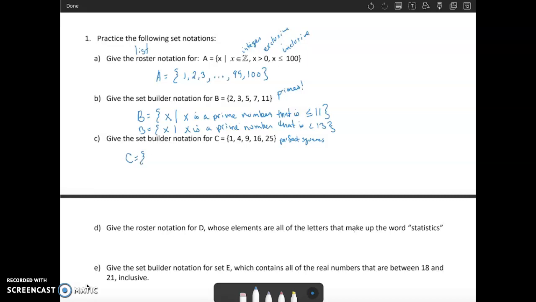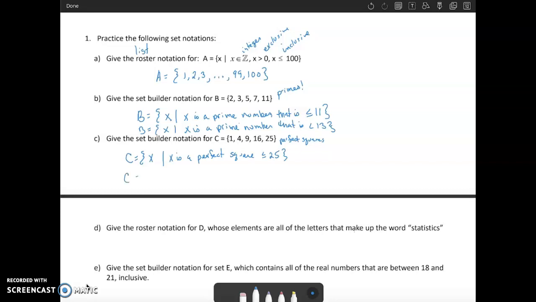So C is the set of x's such that I could simply just write x is a perfect square. And then I could say less than or equal to 25 or something like that.